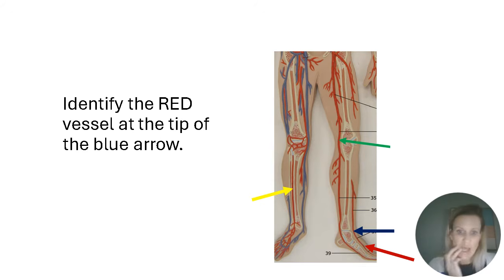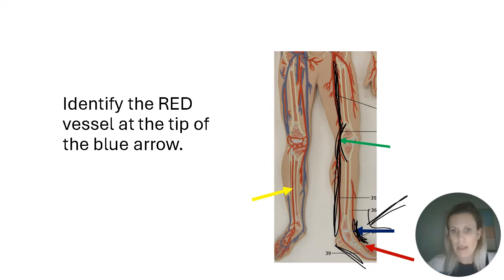The red vessel at the tip of the blue arrow. So right here, we're talking about just this little curve here at the top of the ankle. If we were following the artery down, remember we have femoral artery, then at the back of the knee, popliteal, then that splits. Posterior tibial goes down the back of the leg, and then we have plantar arches.